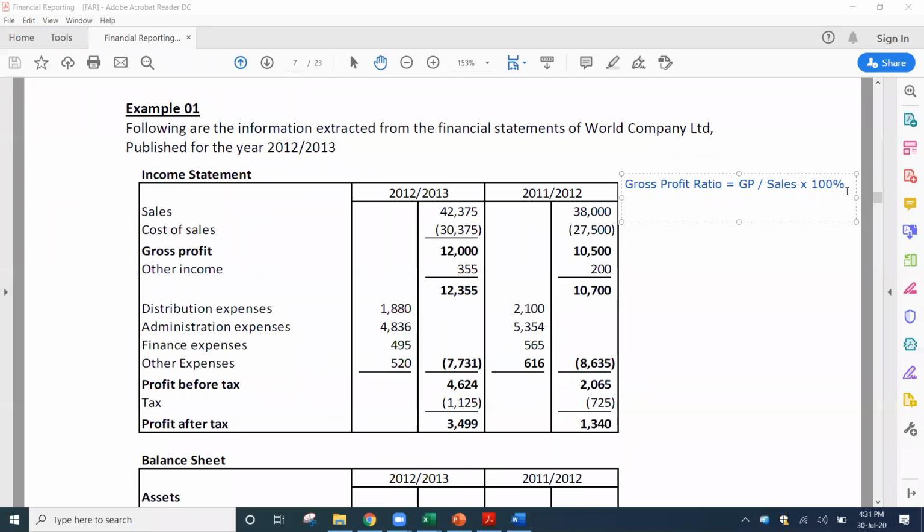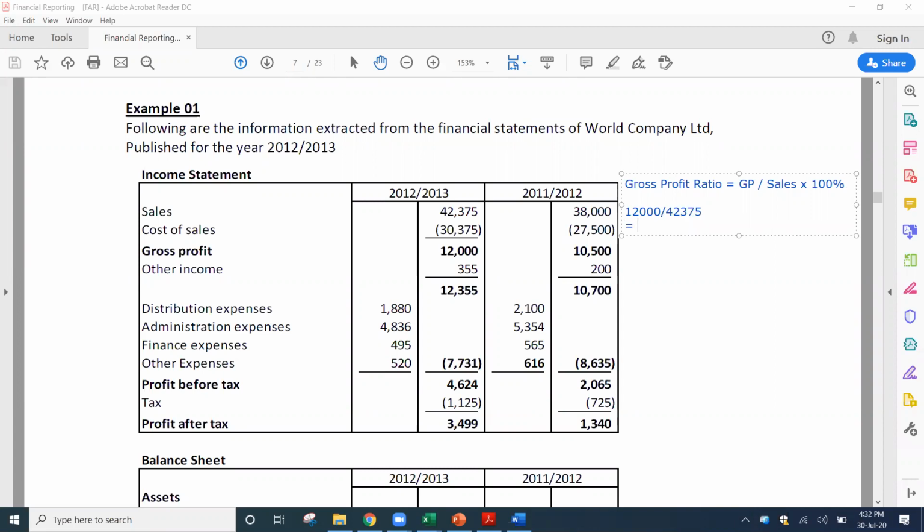So what is the gross profit here? You can calculate for 2 years, then only you can compare 2012-13 and 11-12. So 2012-13 gross profit is 12,000. Then divide by sales 42,375.